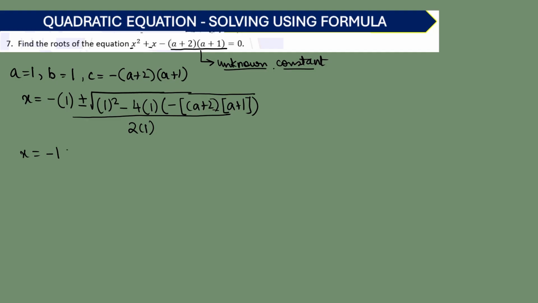X is equal to minus 1 plus minus under root of 1 plus 4 times a plus 2, a plus 1 upon 2.